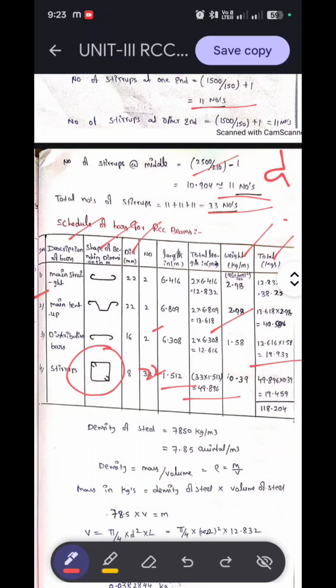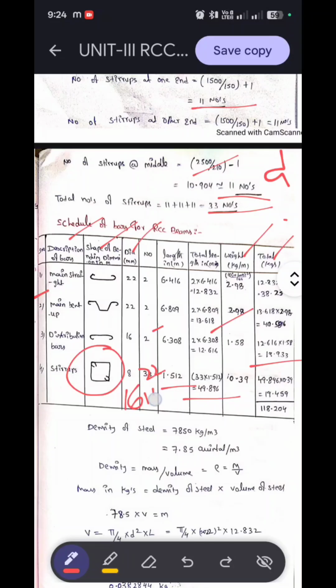Next, weight of the bar: 8 square divided by 162, 0.69 kgs. So total weight is 30.89 into 0.69, and now the value is 17.36. Next, middle portion 16 mm dia of the bar.